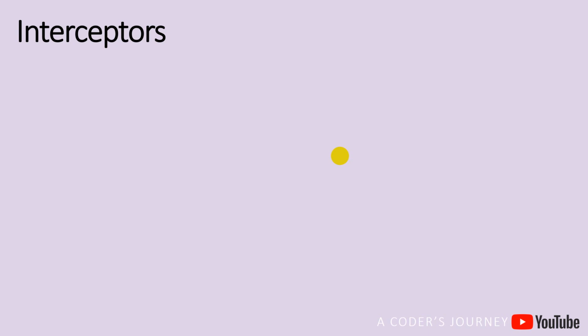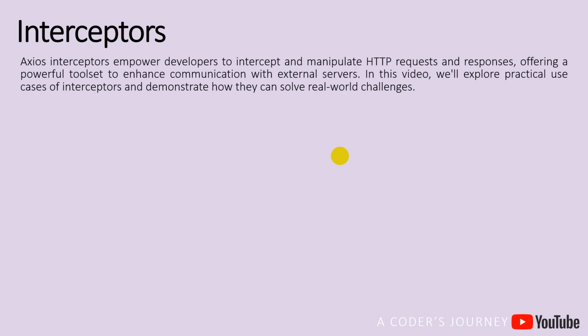Now, Axios interceptors allow developers to intercept and manipulate HTTP requests and responses. And this offers an opportunity to enhance the communication that we have with our external servers. In this video, we will explore some practical use cases of interceptors, and then we will see how they can solve real-world challenges.